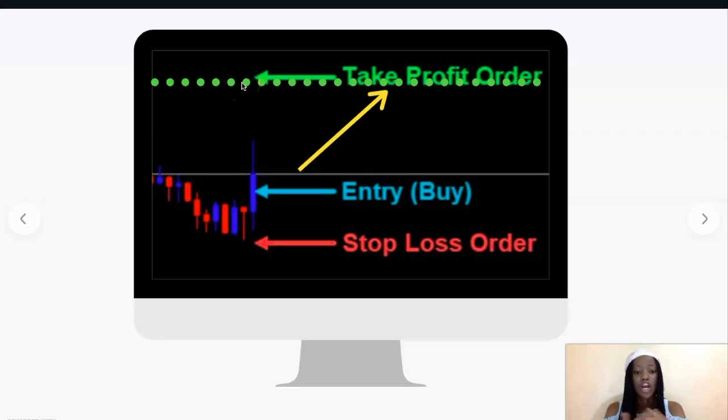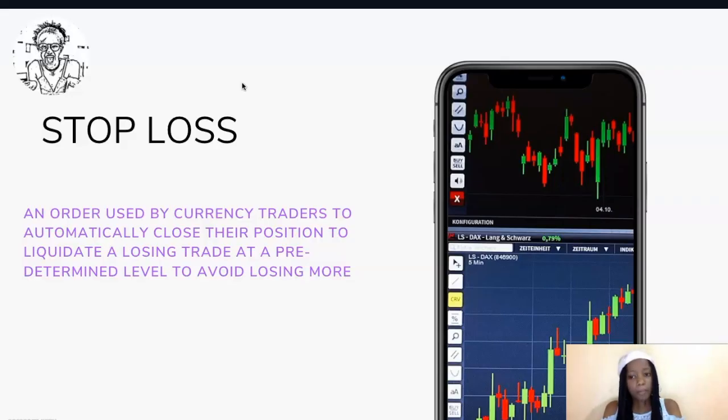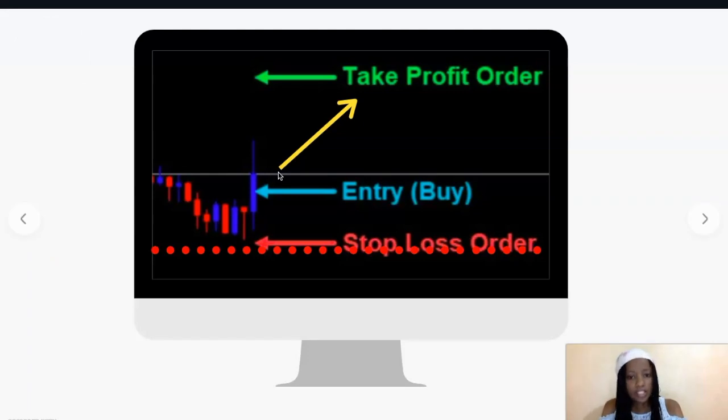So the trade closes. A stop loss is an order used by Forex traders to automatically close their position to liquidate a losing trade. Essentially, this is risk management. So what happens is that you entered this trade and went long. You expected the trade to go up, but instead the market went against you and it's going down.